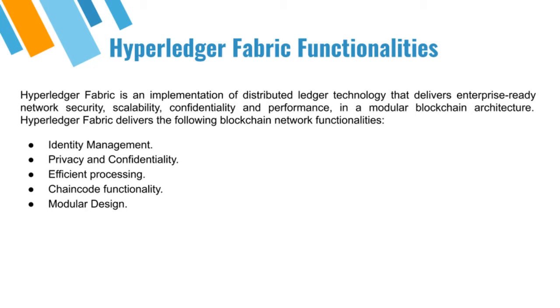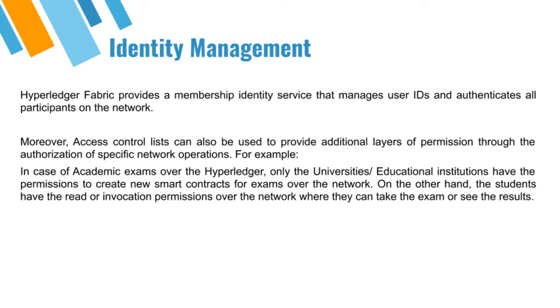So now let's go through each functionality and understand how Hyperledger Fabric provides it. The first one is identity management. As we have already discussed, Hyperledger Fabric provides a membership identity service which manages all the user IDs and authenticates them inside the network.